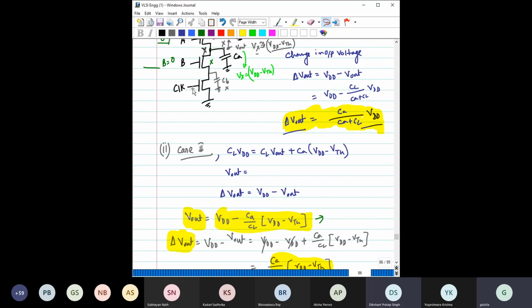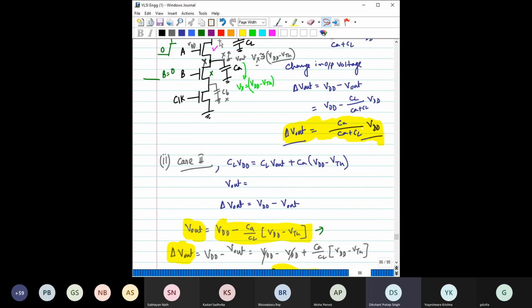let me ask you one thing. Here, can you comment for case 2? I don't have to write all these things, I can just simply write: can you comment on the change in delta V out with respect to this threshold voltage?